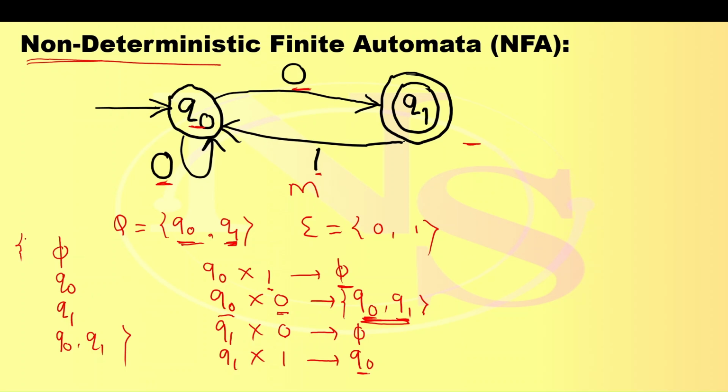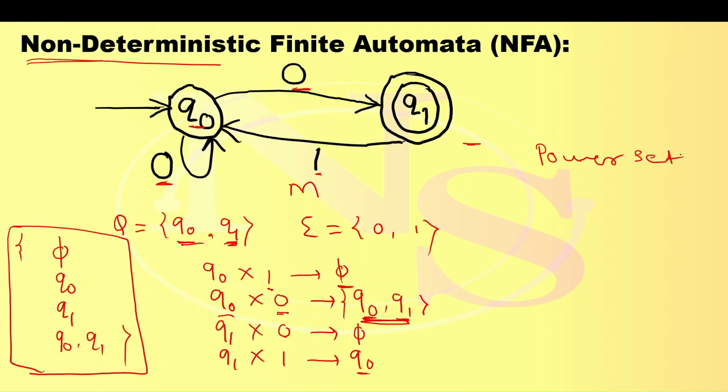So what is this? This complete set is nothing but the power set. Power set is a concept from discrete mathematics. You might be aware of this. What does the power set say? Now how many states are here? 2. So 2 raised to capital Q. What is capital Q? The set of states here. Then what is 2 raised to Q? If Q is Q0, Q1, this set, whatever I have written here, this is nothing but 2 raised to Q. 2 raised to Q consists of phi, null.